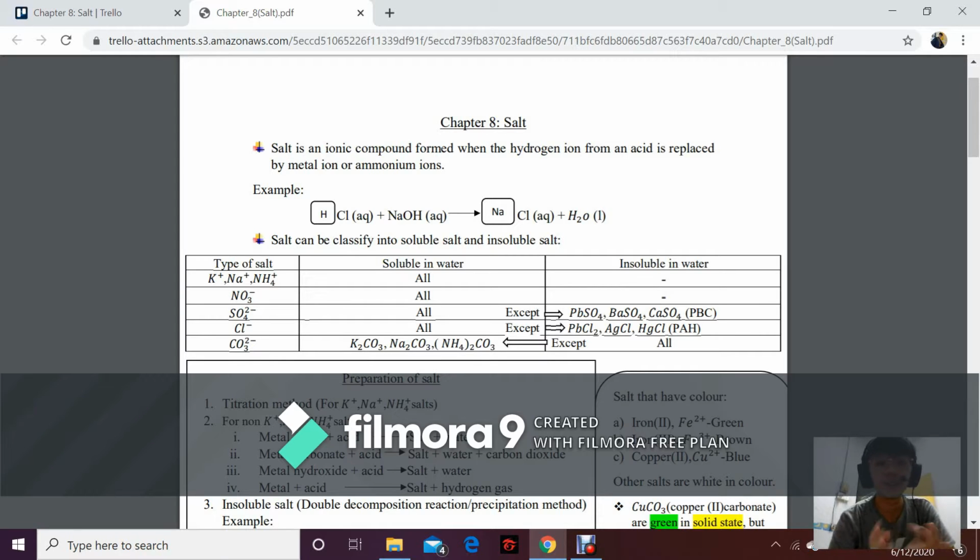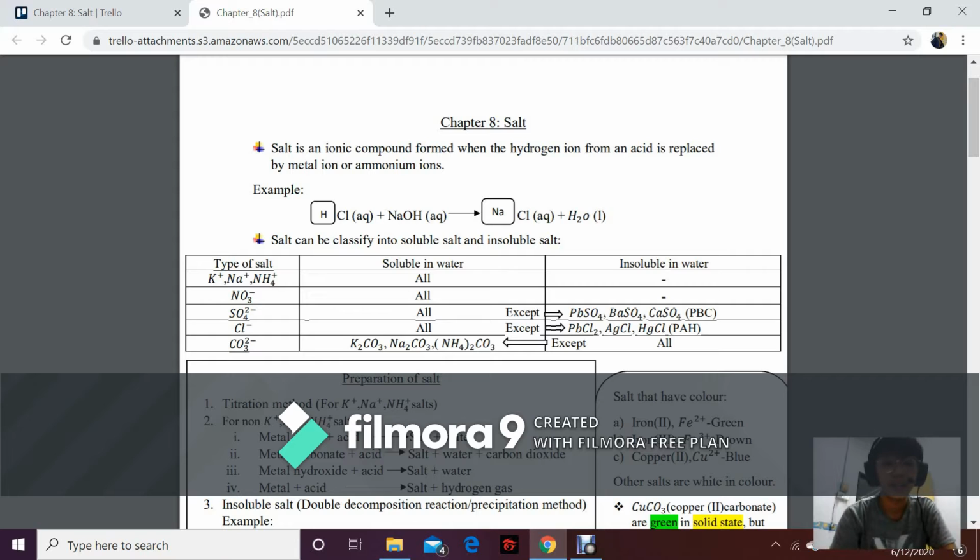If you see these three, K, Na, and NH4, definitely the salt is soluble in water. So you will definitely choose the answer soluble salt because this is the only answer that you can choose.